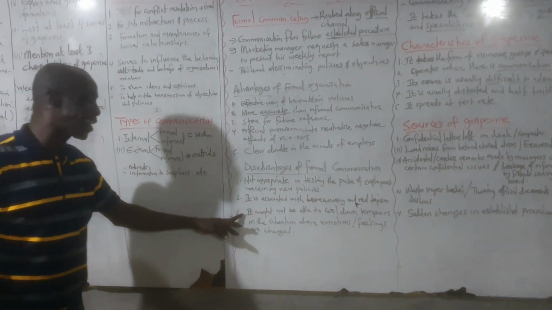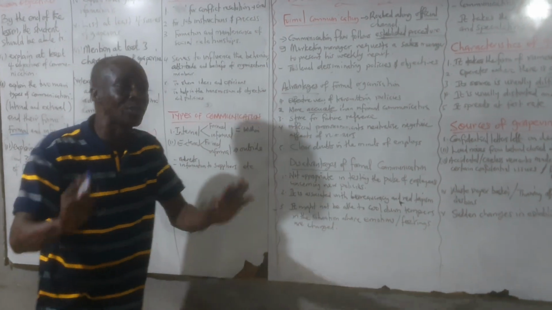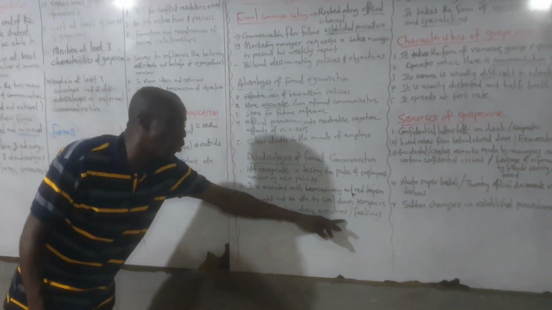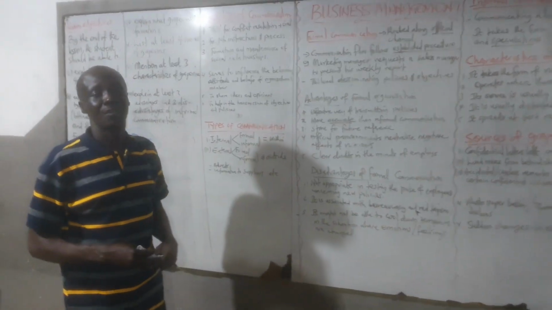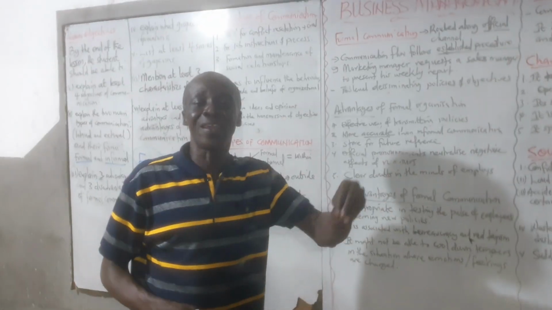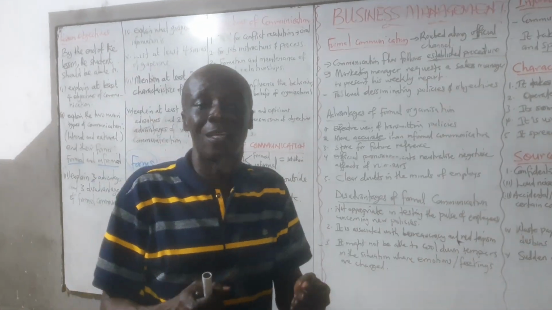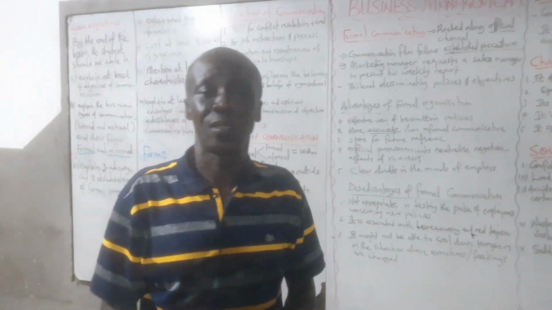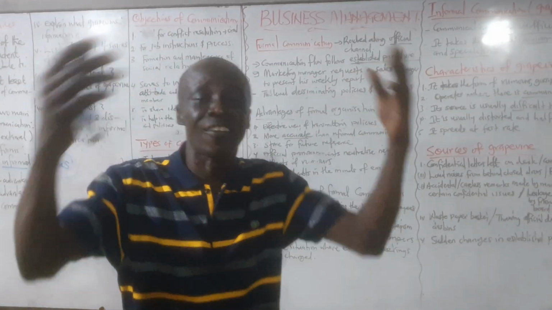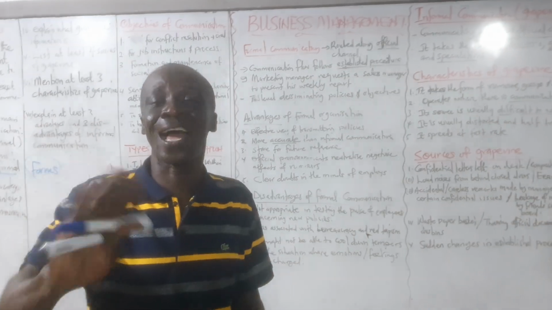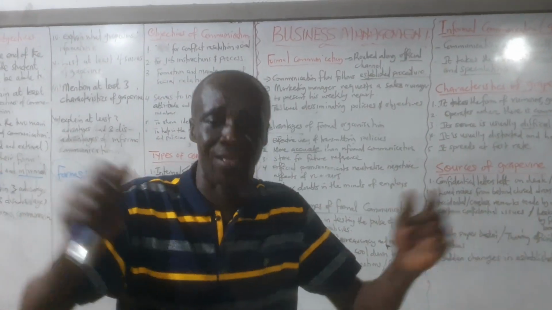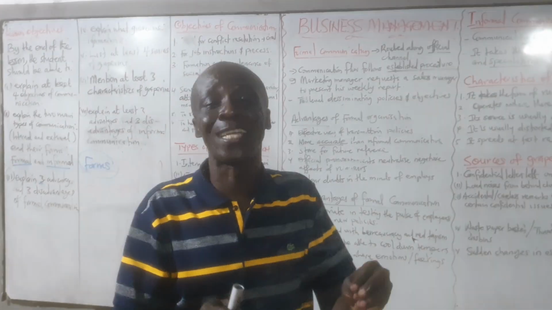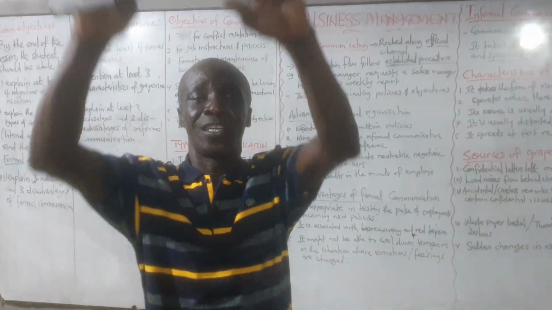The next one, we said it might not be able to cool down tempests in a situation where emotions or feelings are charged. When feelings are charged, when workers are demonstrating, when they are angry, official communication might not work, because they are even rather annoyed with you.